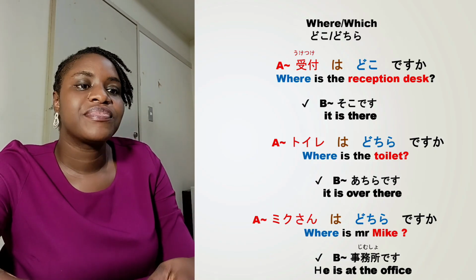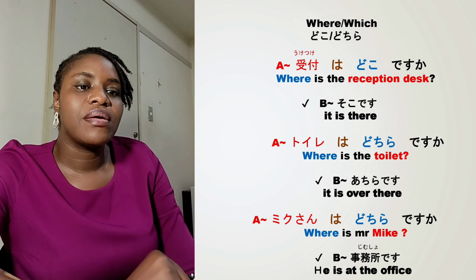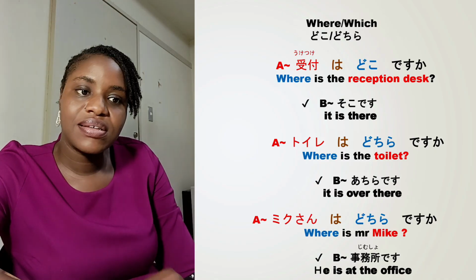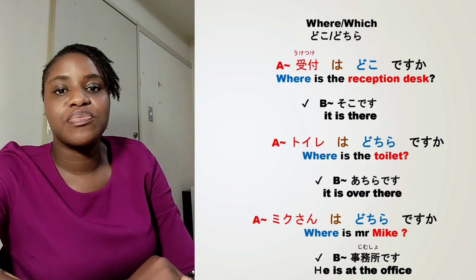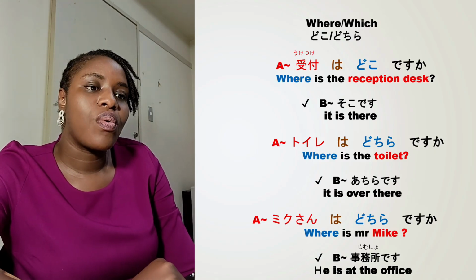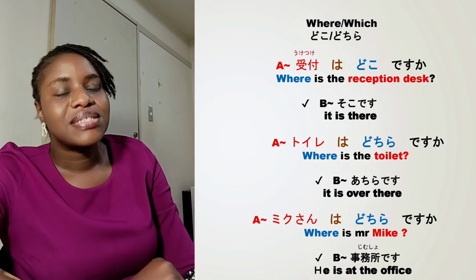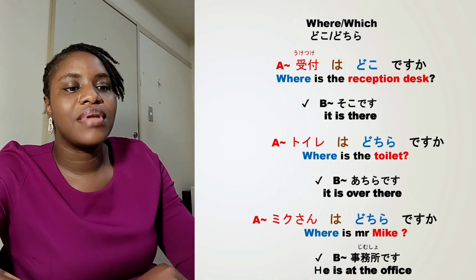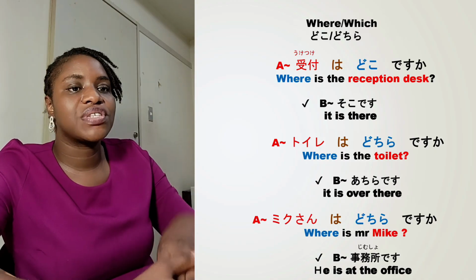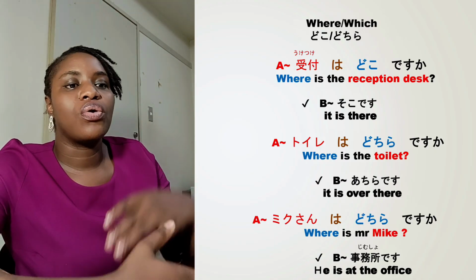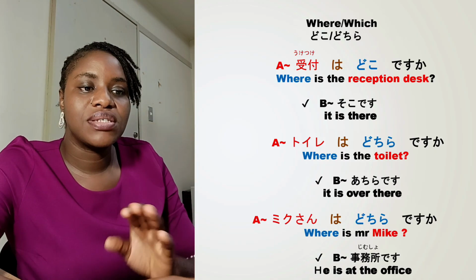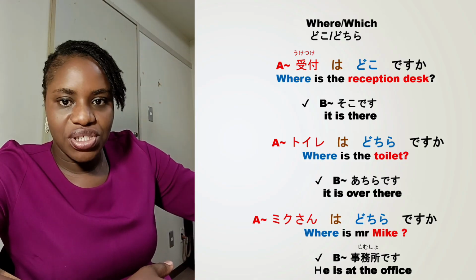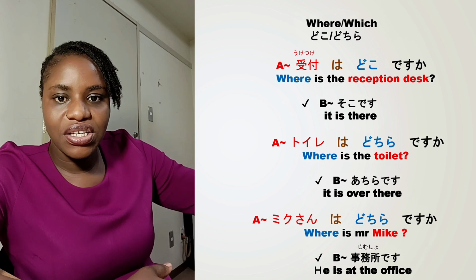Another question can be, Mike-san wa dochira desu ka? Where is Mr. Mike? This time around, you can answer with where that place is. So instead of saying asoko desu, koko desu, or achira desu, you can say the place. For example, kyoshitsu, the classroom, kaigi shitsu, something like that.